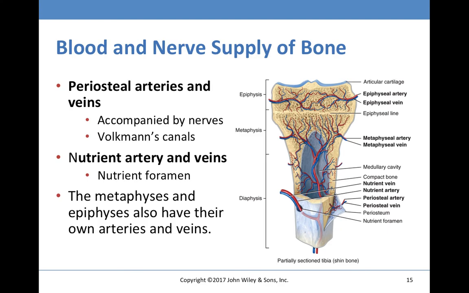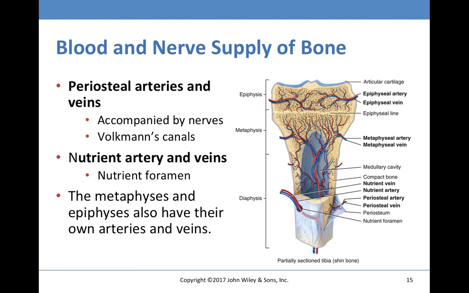So this is now supplying our compact bone as well. And then that nutrient artery will continue into the medulla and supply blood for the marrow here, and also the bone cells via our epiphyseal artery and vein.